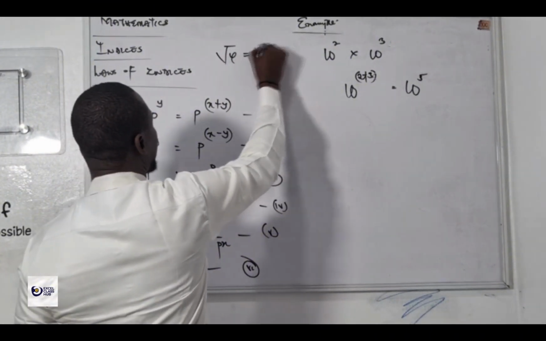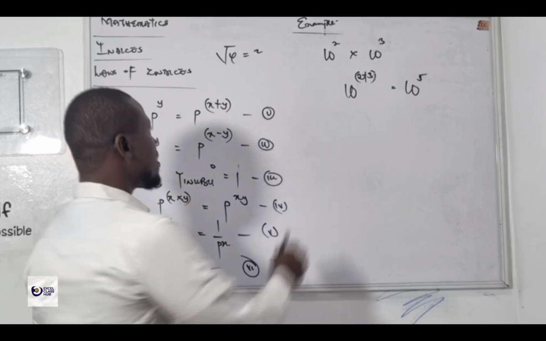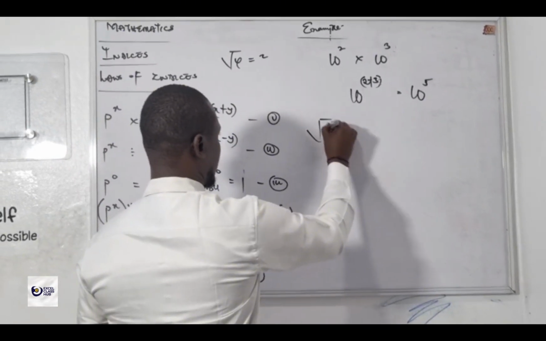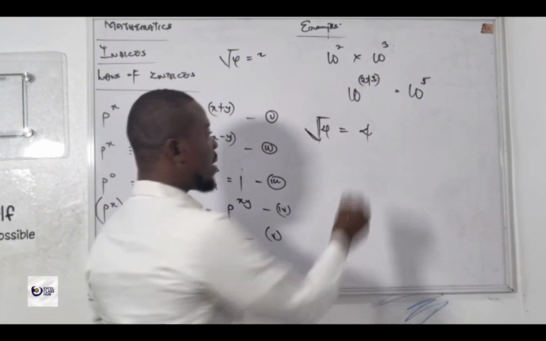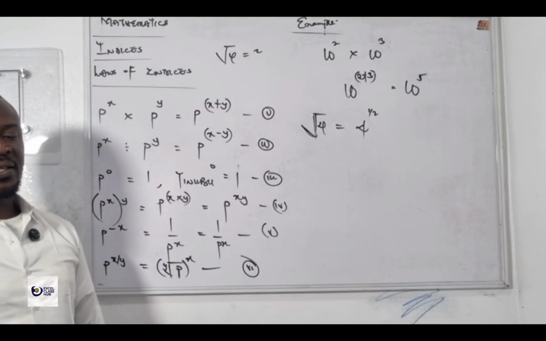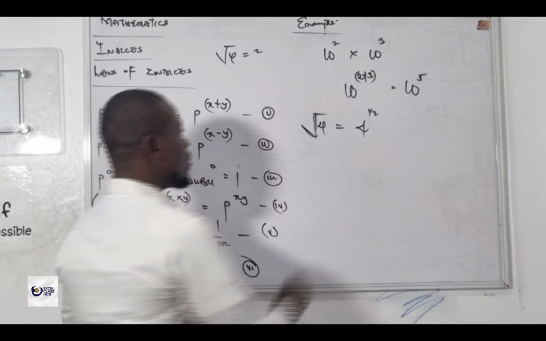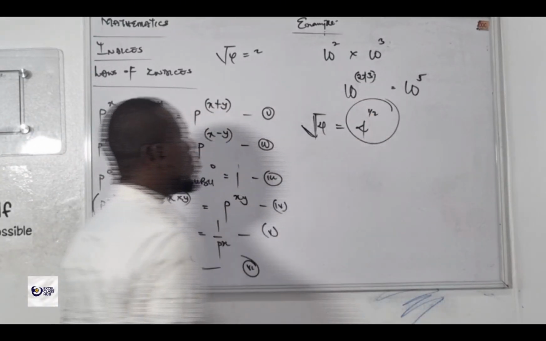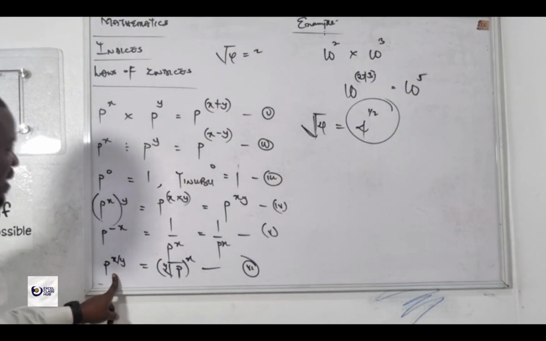Students, we are familiar with this. What is the square root of 4? We know that the square root of 4 is 2. Why is the square root of 4 equal to 2? You see this square root of 4? This is your 4. You see this root sign? I can bring it back to 1 over 2. So this 4 raised to power 1 over 2 is applicable to law 6.